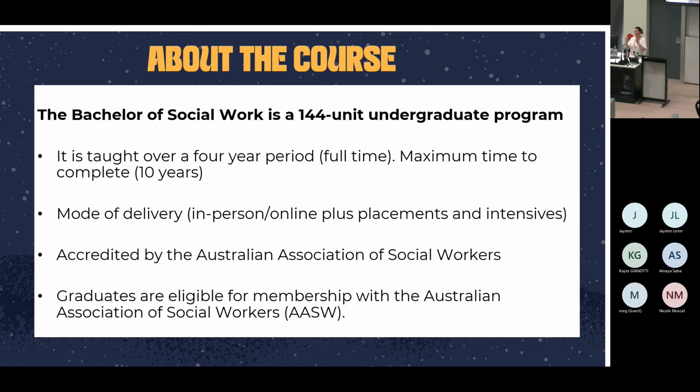So just to bring a bit of an overview here of the Bachelor of Social Work, it's a 144-unit undergraduate program. It's taught over a 4-year period if you're enrolled full-time. If not, the maximum time to complete is 10 years. We can tailor study plans to meet your personal needs.